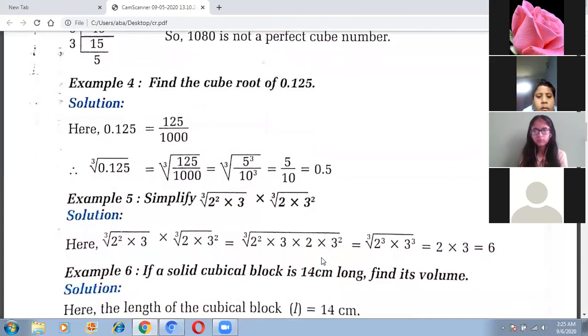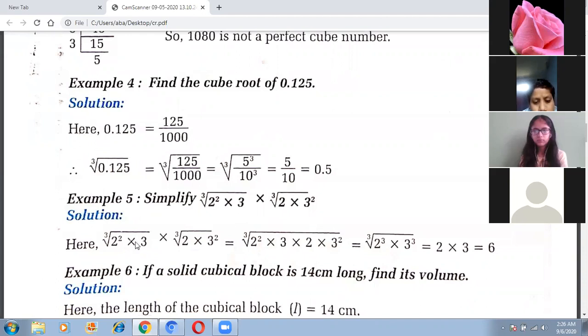Now example number 5 is simplify. Root over cube root 2 square into 3 into cube root 2 into 3 square. Now both have cube root. दुवैको cube root छ, त्यसैले हामीले एउटै cube root लेख्न सकिन्छ. Yes. 2 square into 3 into 2 into 3 square. You write combine.